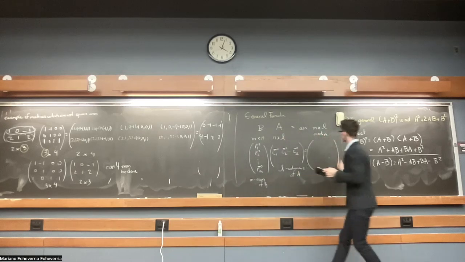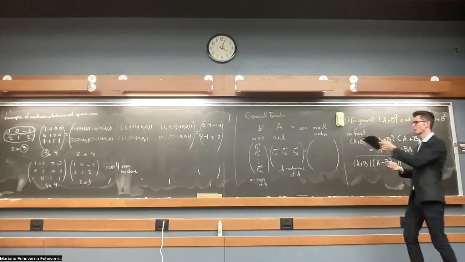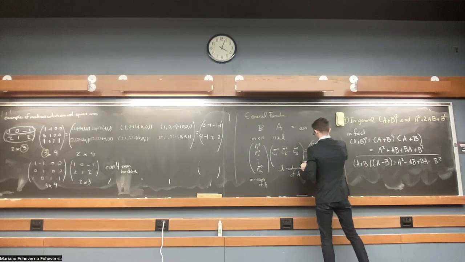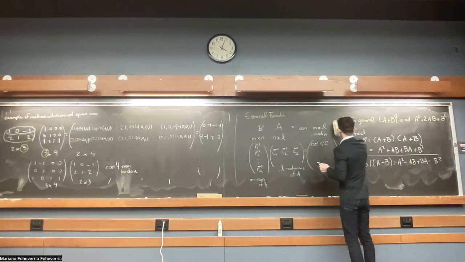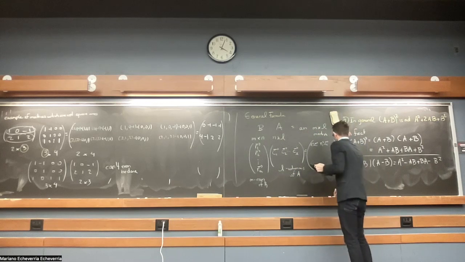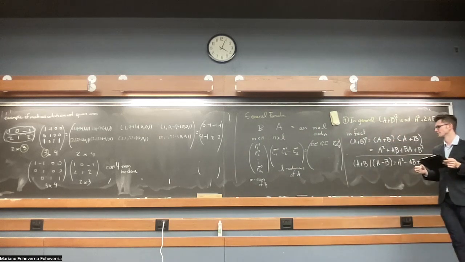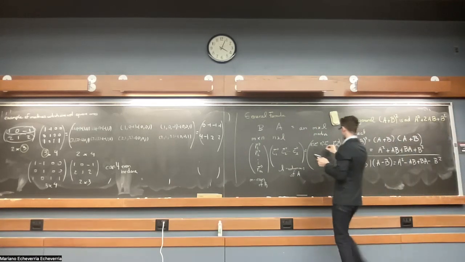And so the matrix that you get here is what we have been doing: row 1 with column 1, row 1 with column 2, until you get to row 1 with column L. So that's what goes in the first row of this product matrix. And then you keep going.